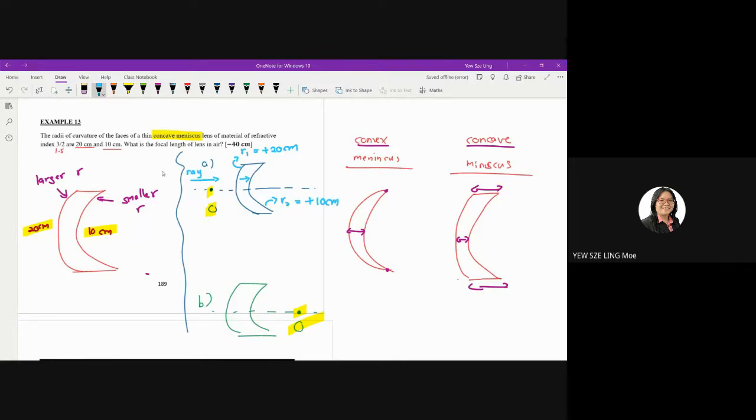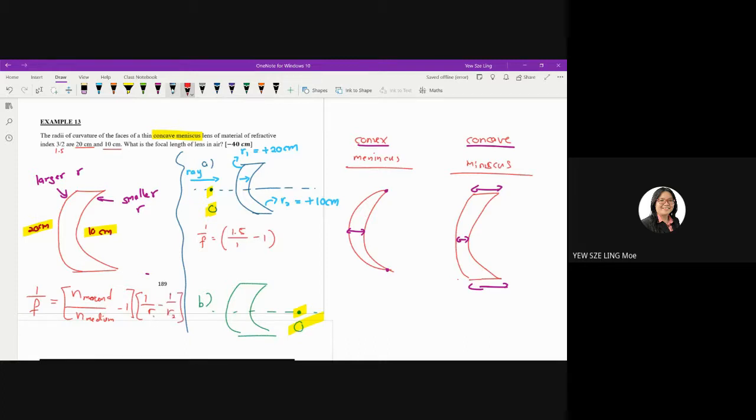If you substitute into the equation, we have 1 over F equals N material over N medium minus 1, times 1 over R1 minus 1 over R2.